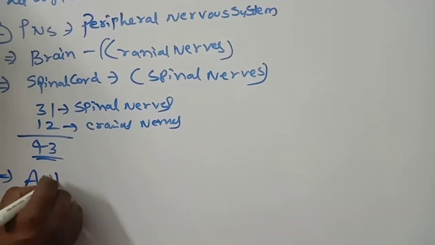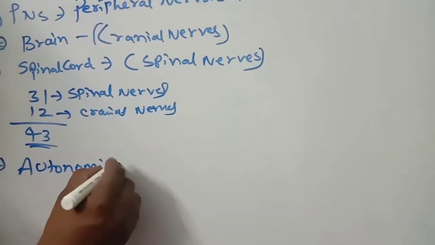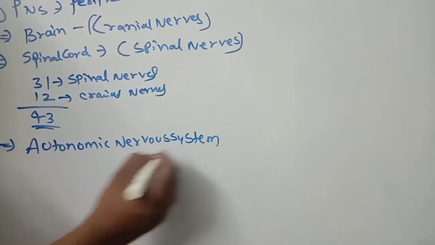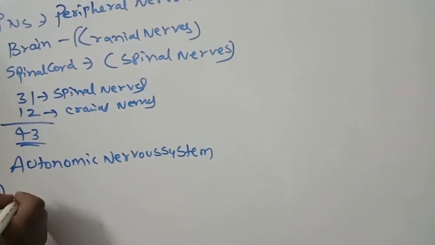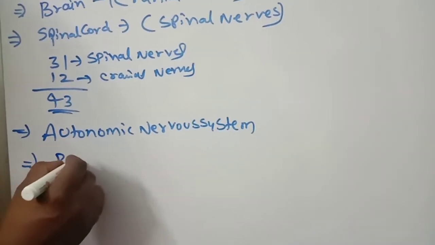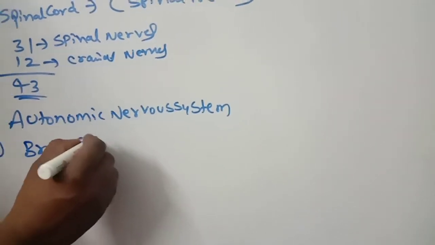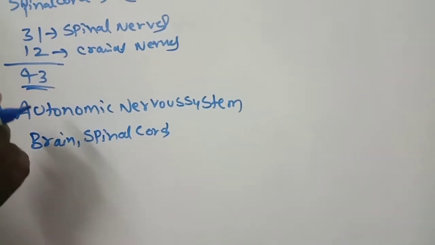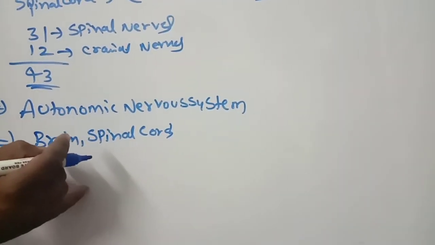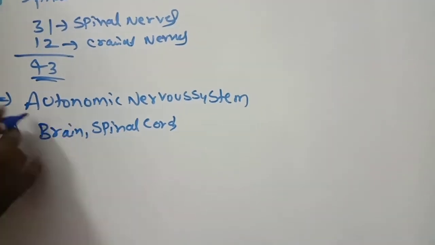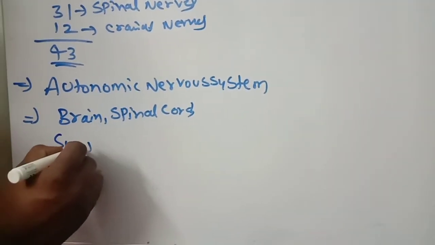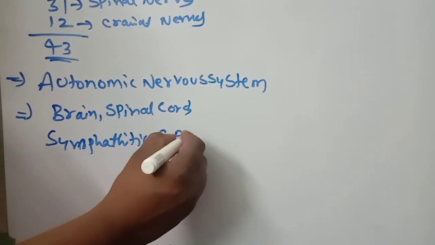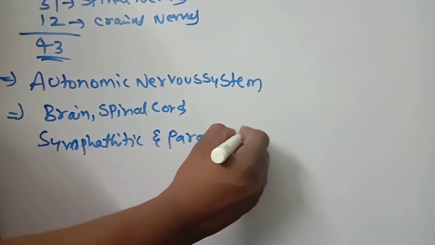The last one is the autonomic nervous system. It contains the brain and spinal cord, both are involved in this nervous system, and especially the sympathetic and parasympathetic nerves.